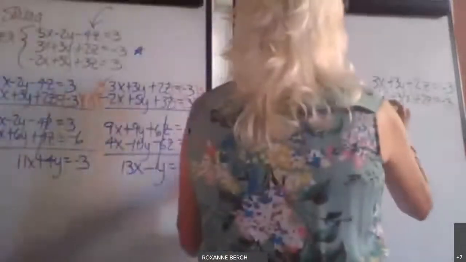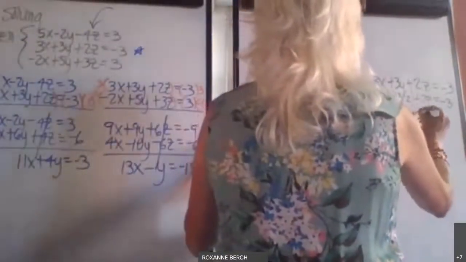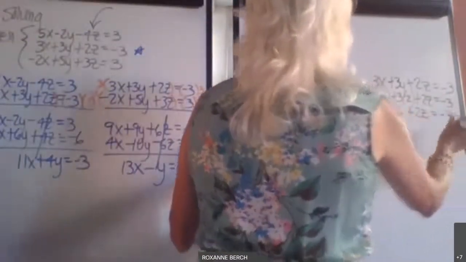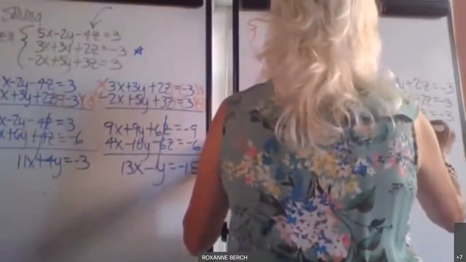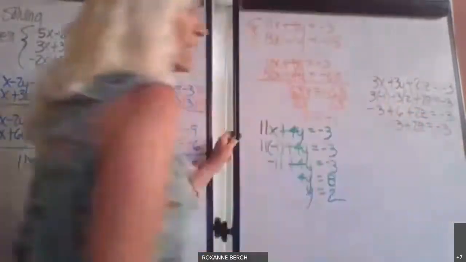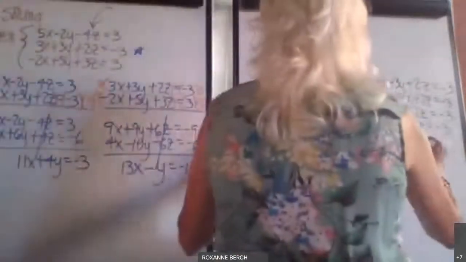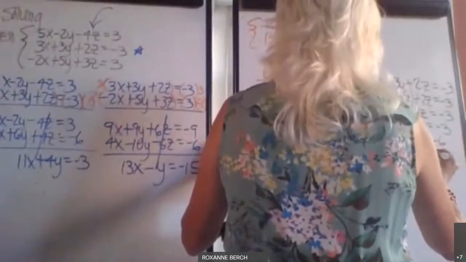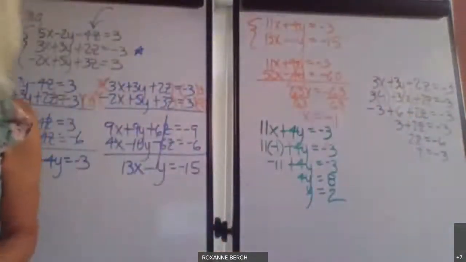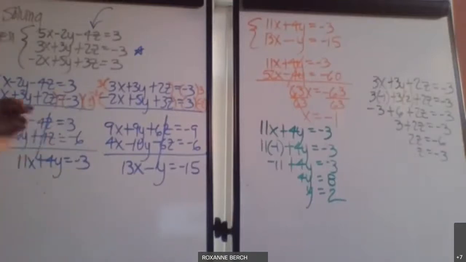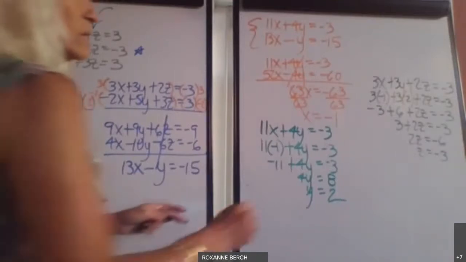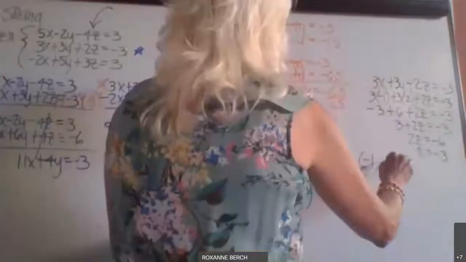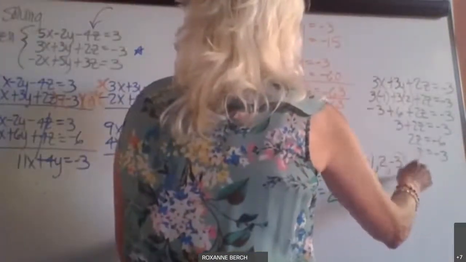So this is going to be -3 plus 6 plus 2z equals -3. 3 plus 2z equals -3. Subtract 3. 2z is equal to -6, z is equal to -3. And so we're finally done. And we want to write the ordered triple. It's going to be x, y, and z.